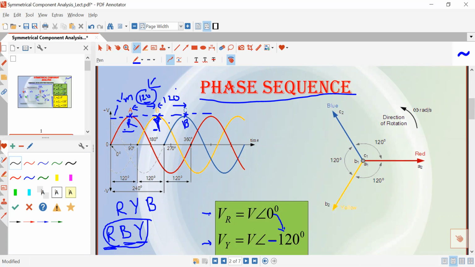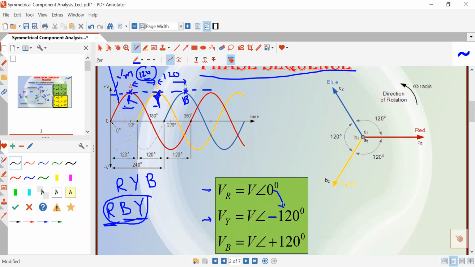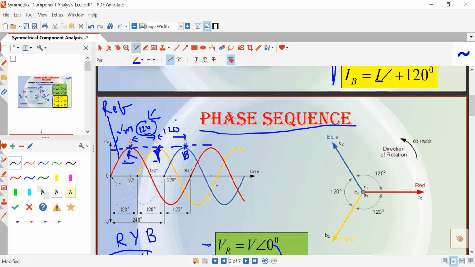Without the reference, you cannot measure lag or lead, you cannot write the voltage equation in phasor form, and you cannot even draw a phasor diagram.